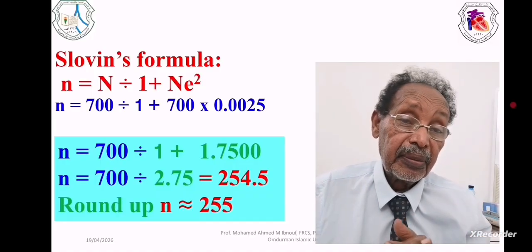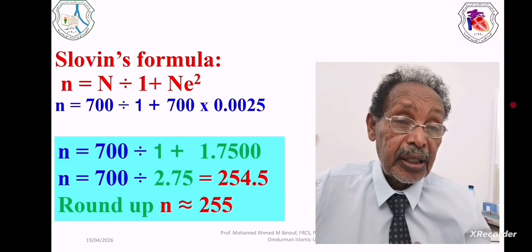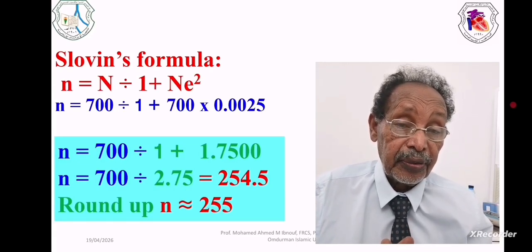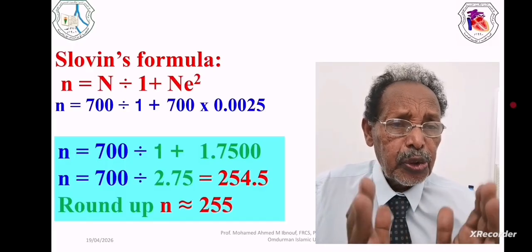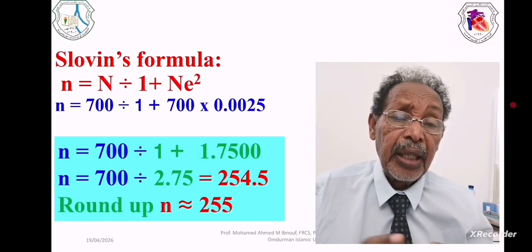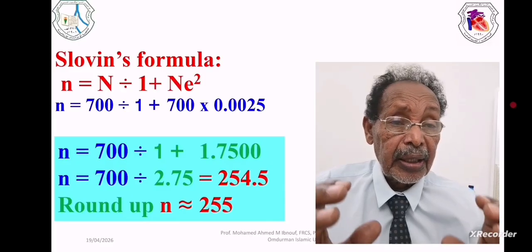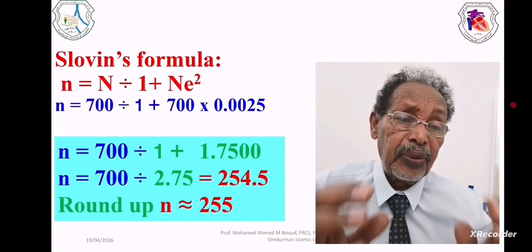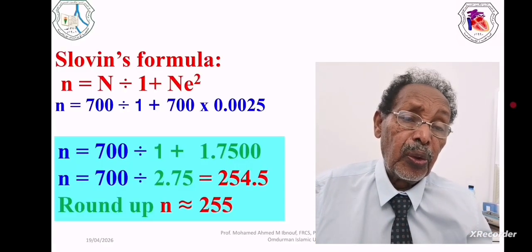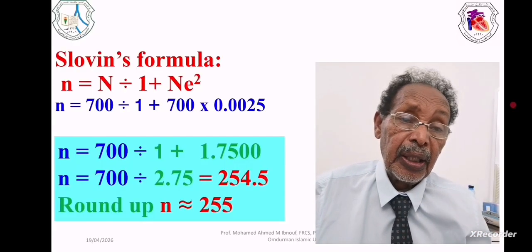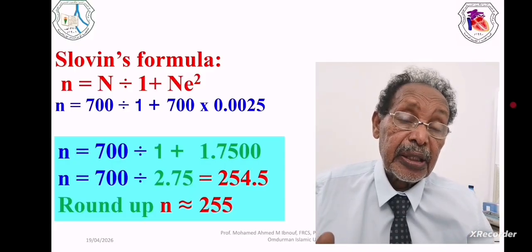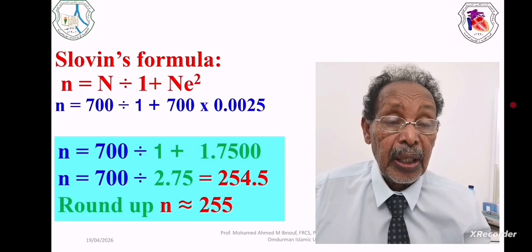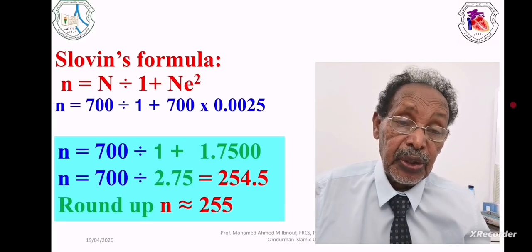Is this clear? Instead of studying 700 cases, we are going to study 255. But usually we find that some files are deficient in data, and some files might be torn or might be lost, and if we are dealing with patients, some patients might refuse to continue, and they have the right to withdraw from the research.